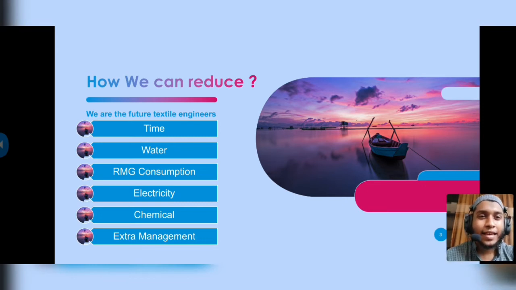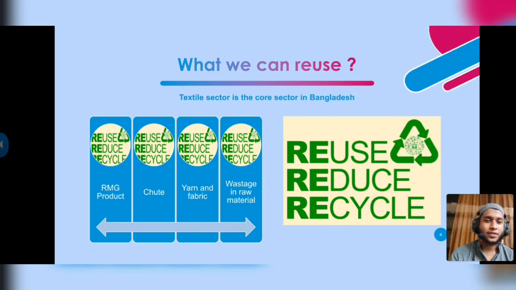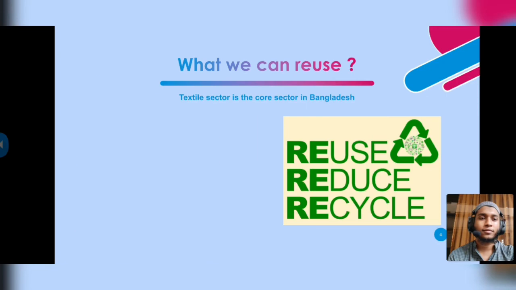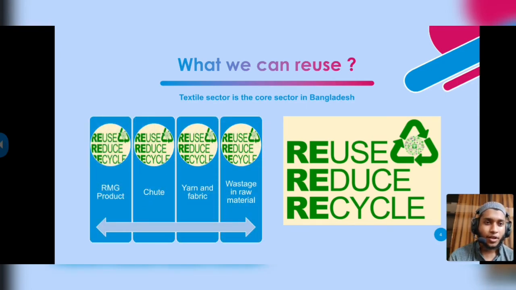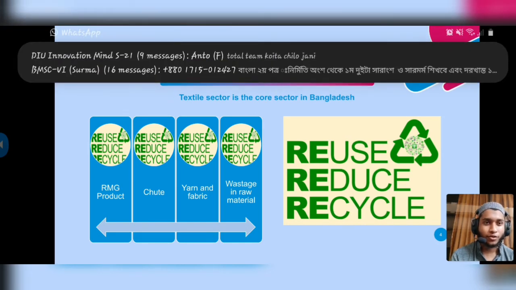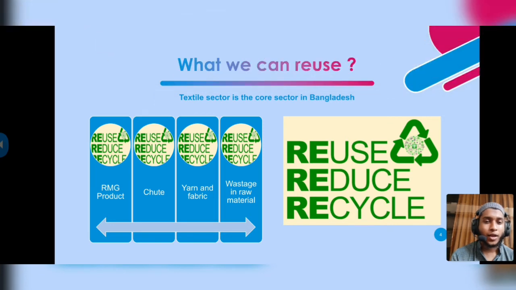Okay. Then reuse. If we talk about reuse, you can see the textile sector is the core sector in Bangladesh. Of course, it is. And if we talk about reusing, we can reuse RMG products.